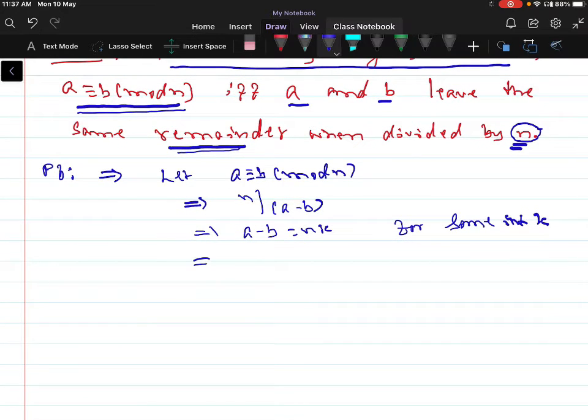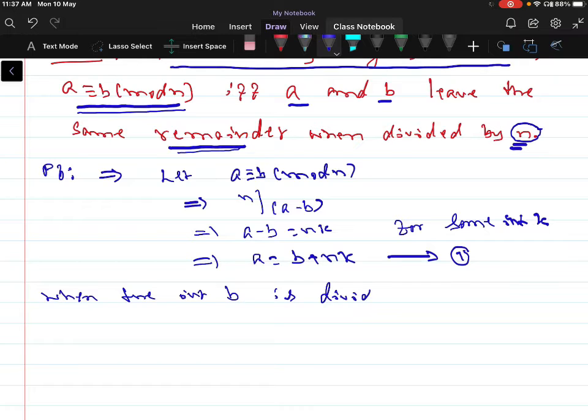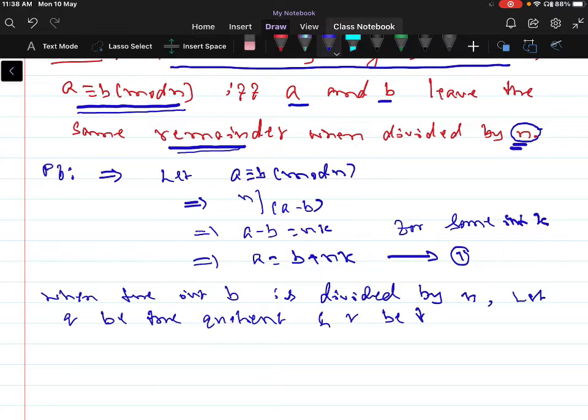So this can be written as a is equal to b plus n into k. Let us call this equation number 1. Now, when the integer b is divided by n, let q be the quotient and r be the remainder.